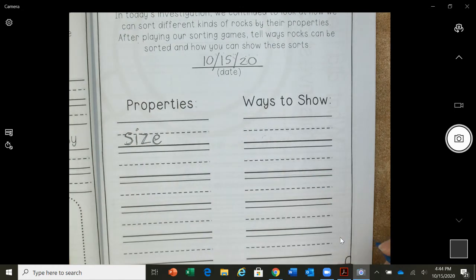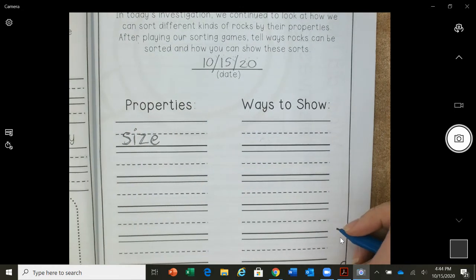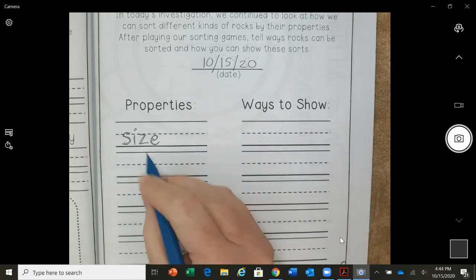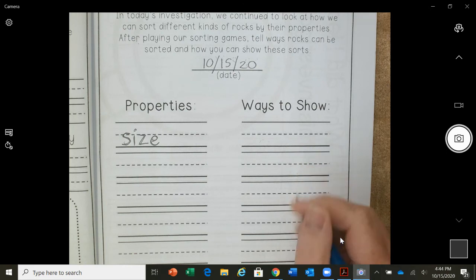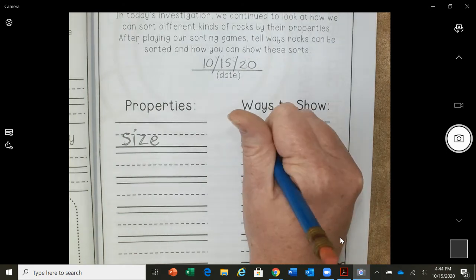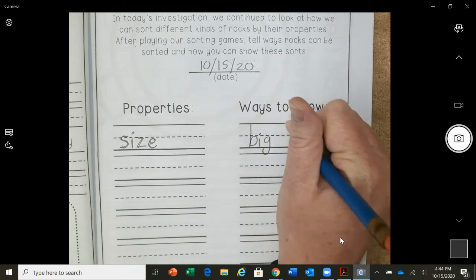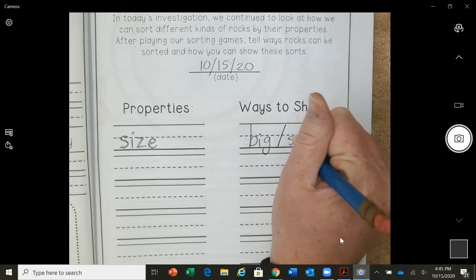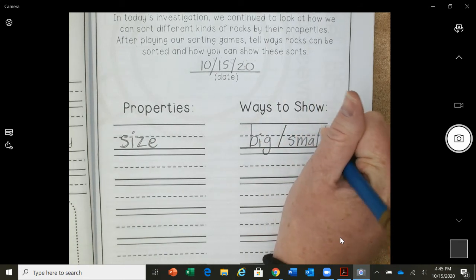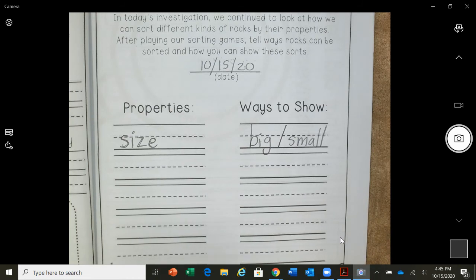Okay. And if you need to pause this at any time because I'm writing too fast, you can do that and then keep going once you're done. Okay, size. The way that you can show it is maybe by sorting from big and small. You could have a medium group in there too, but big and small.